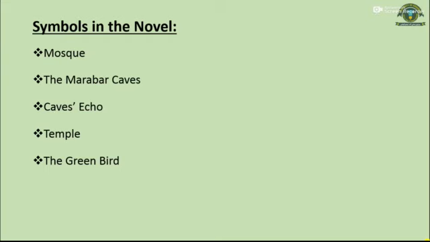The mosque, Marabar Caves, and temple: basically the novel is divided into these three sections, and each section holds a symbolic signification in the work. First is the mosque.